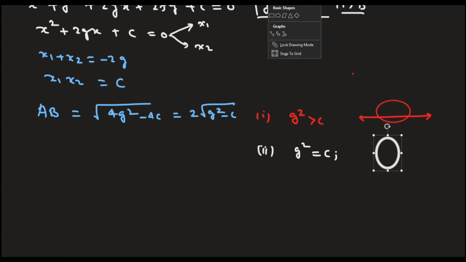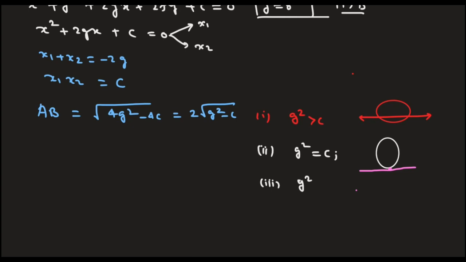The x-axis is like this. Now what will be the meaning if g square minus c is less than 0, or you can say g square is lesser than c? Then your circle never cuts or touches the x-axis.